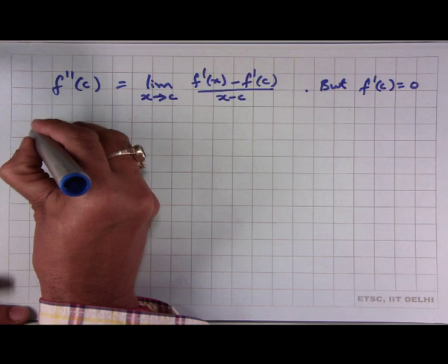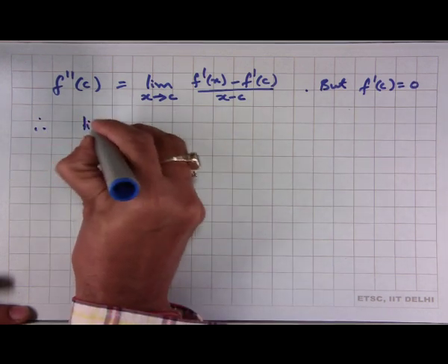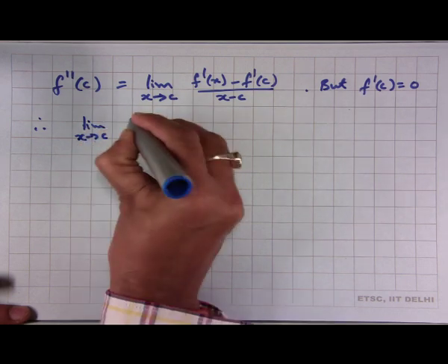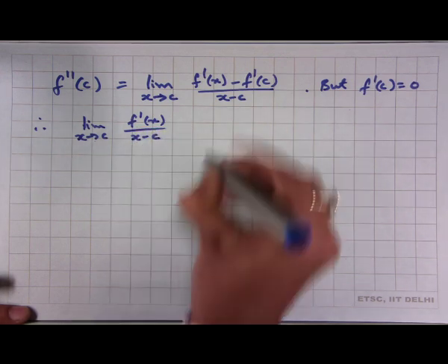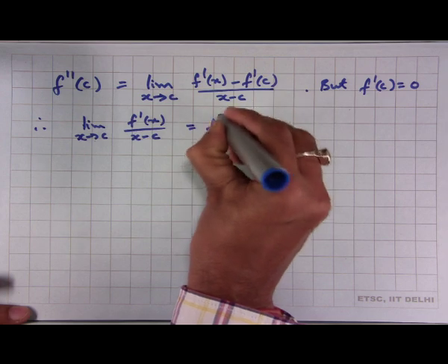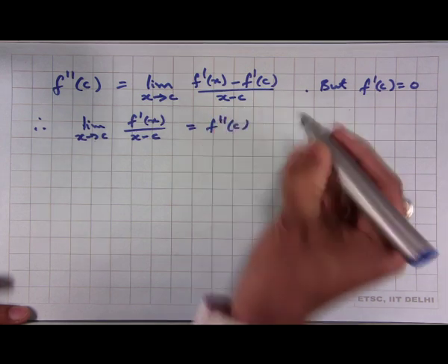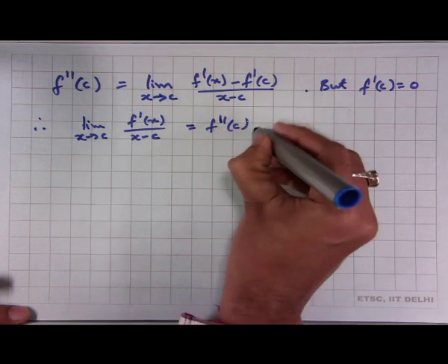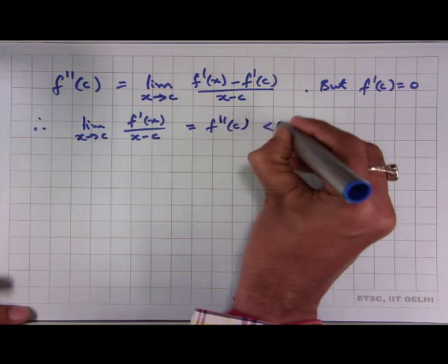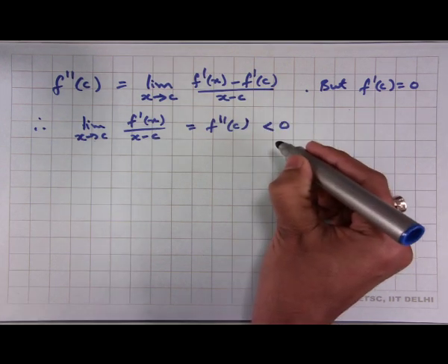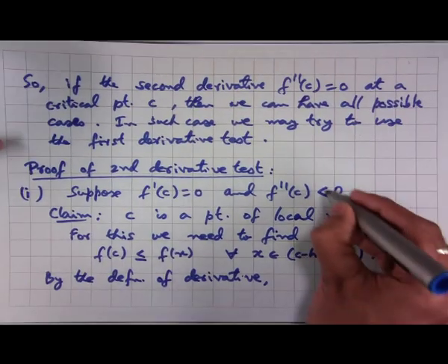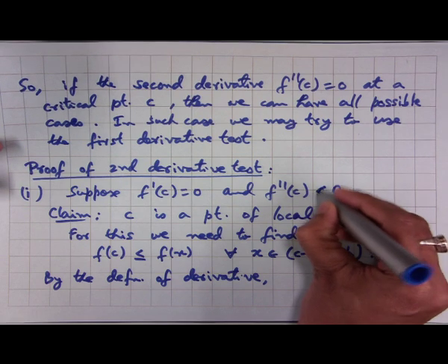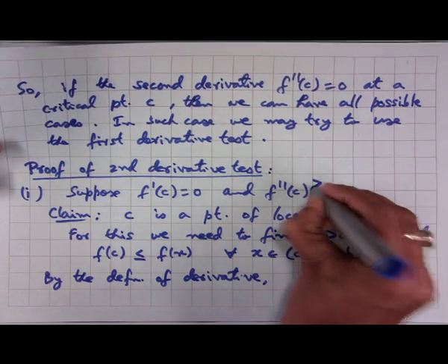So, the limit as x going to c of f prime x divided by x minus c is equal to f double prime c, and this is given to be negative, sorry, so the first case we are considering is: suppose f double prime c is positive.